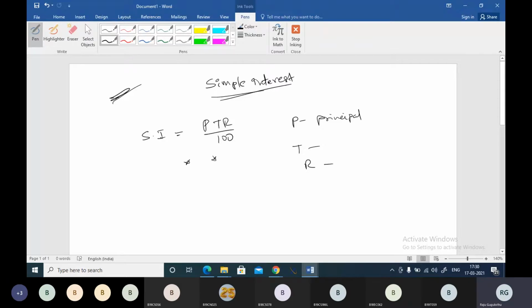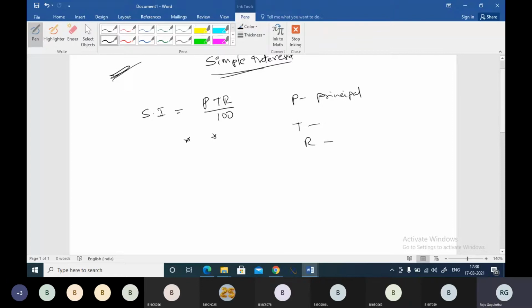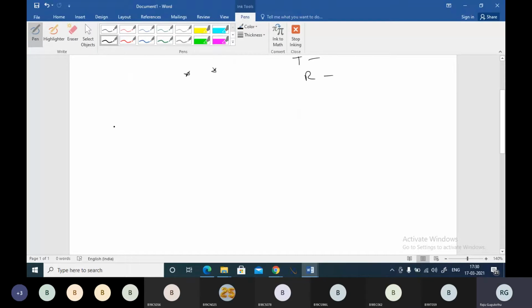Okay, let me take one example and answer it. Let's say we have 10,000 rupees as the principal. Time is 2 years. Rate of interest is 10%. What is the simple interest?